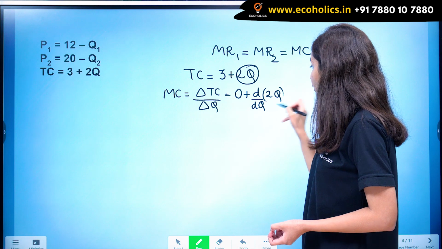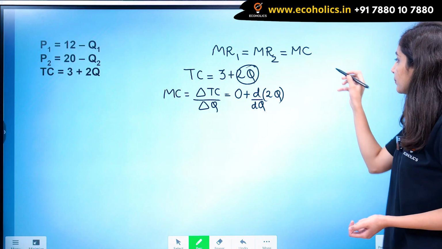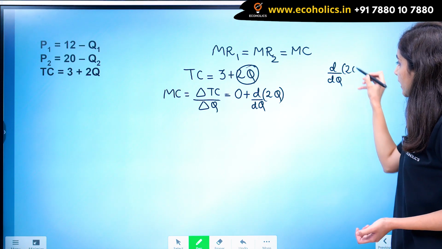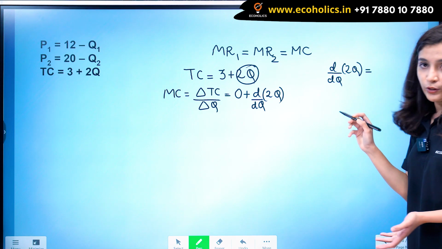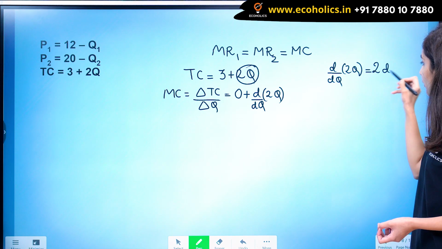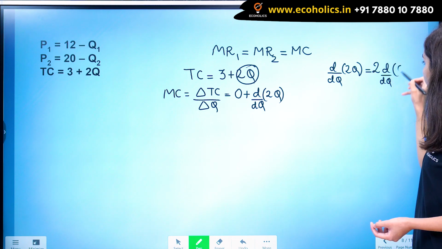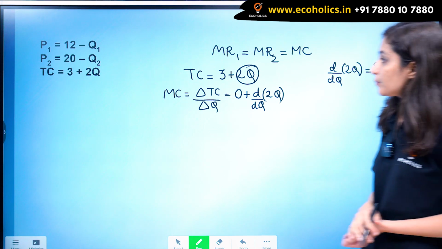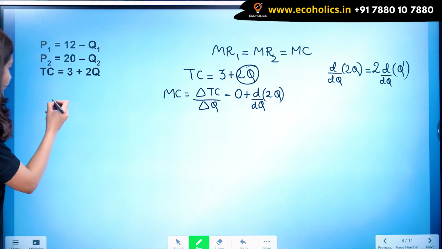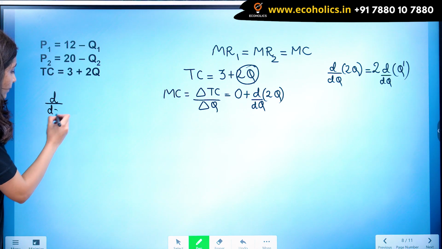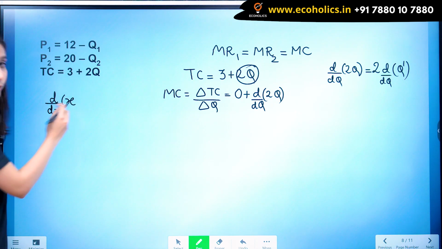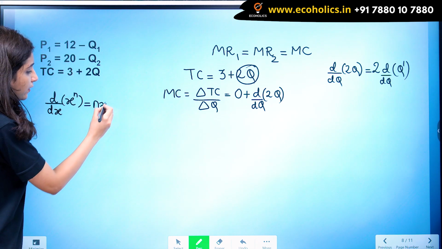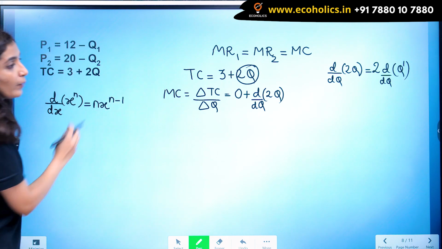So the derivative of 2Q will be equal to 2 times the derivative of Q raised to 1. Again, using the basic rule of differentiation, we know that the derivative of x raised to n is nx raised to n minus 1.